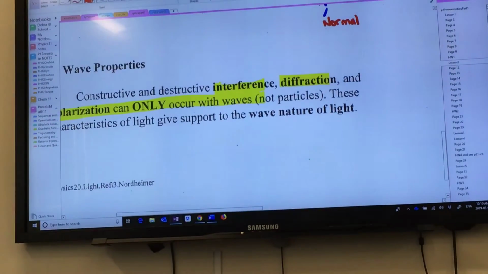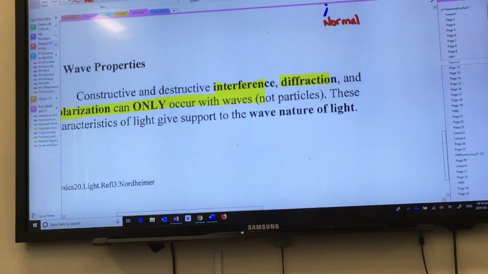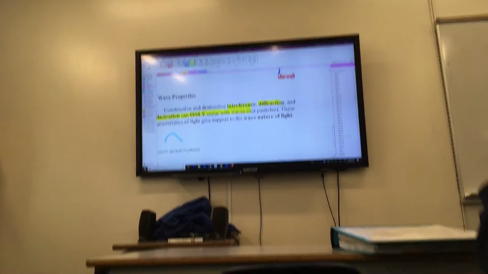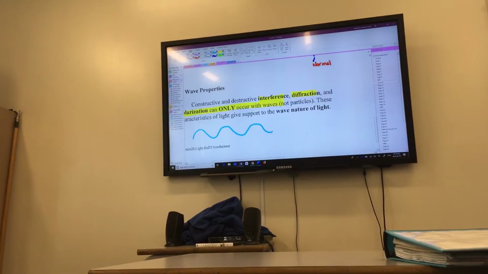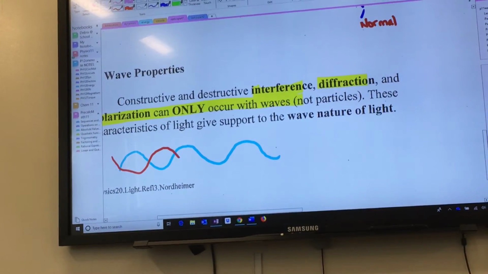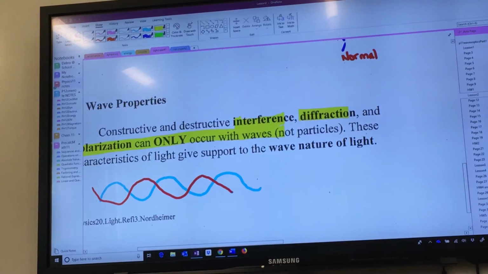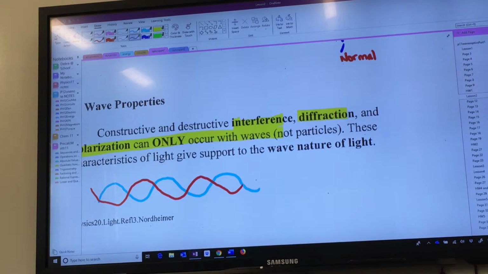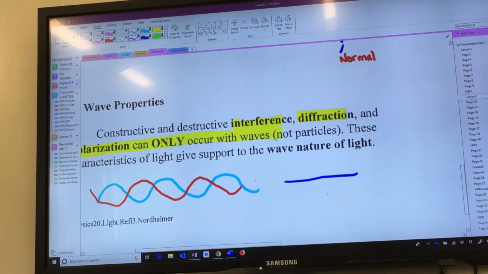Now, they talk a little bit about something called constructive and destructive interference. What happens is, when you have a light wave going along like this, and you have another light wave going in the exact opposite direction, those end up canceling each other out.